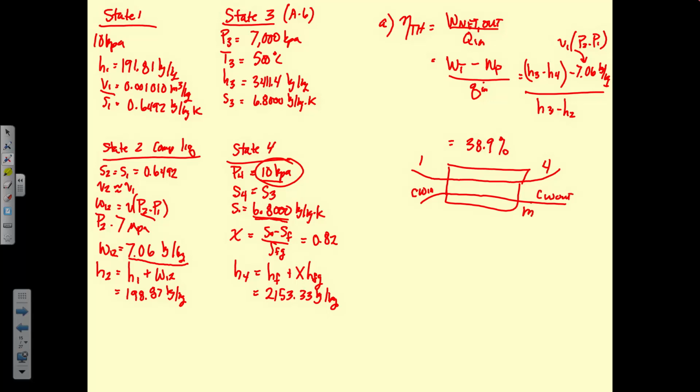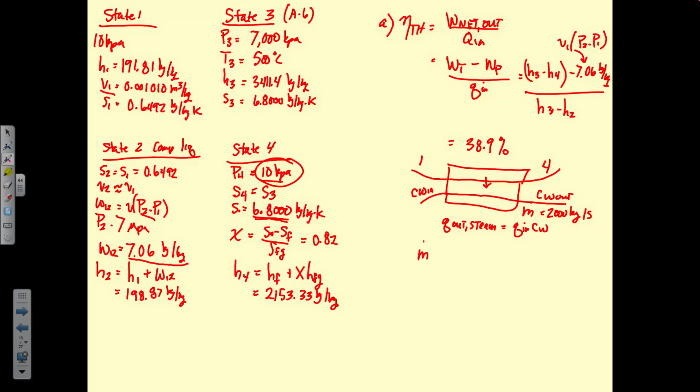So we're given the m dot of this cooling water is equal to 2,000 kilograms per second. So we know that the heat being removed from the steam is going into the cooling water. So we can say Q out of the steam is equal to Q in of the cooling water.